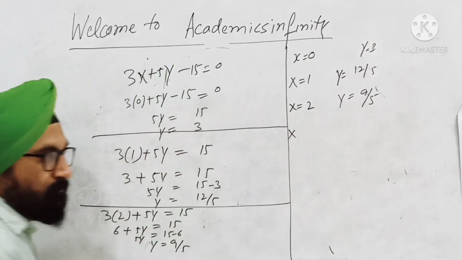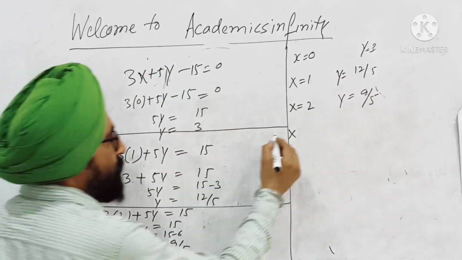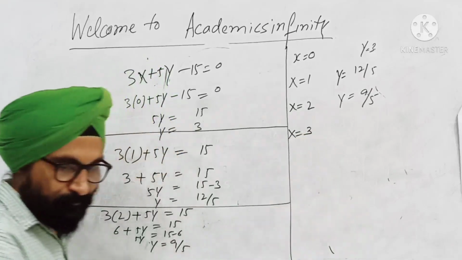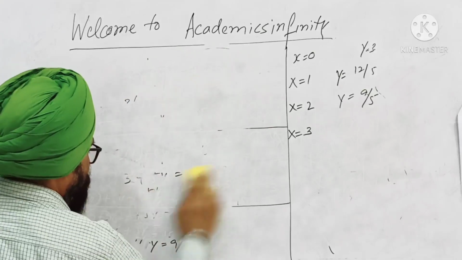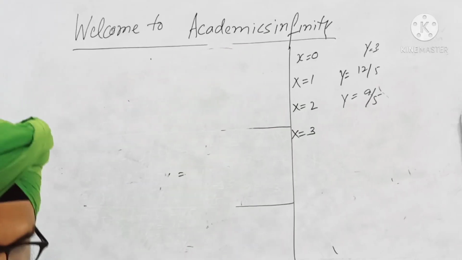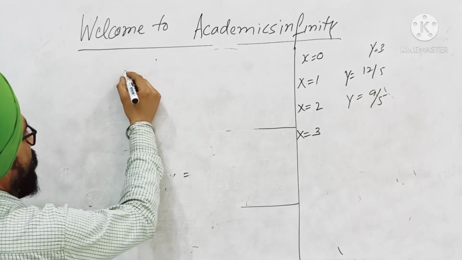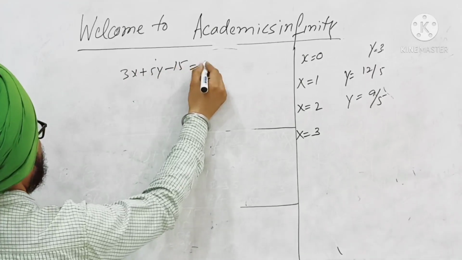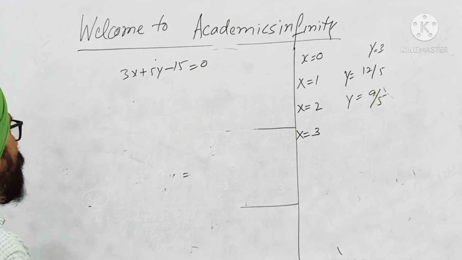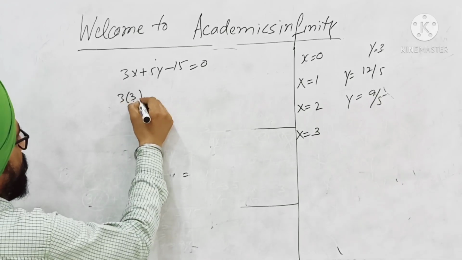Let's take the fourth one. Say x is equal to 3. When x is equal to 3, if you put the value of x is equal to 3, let's solve it.